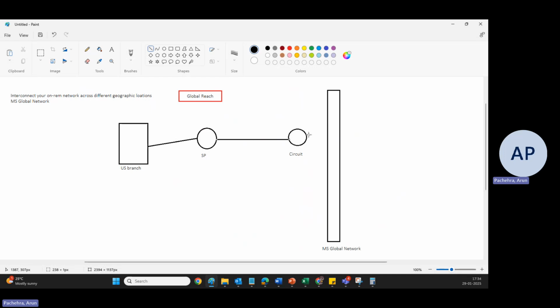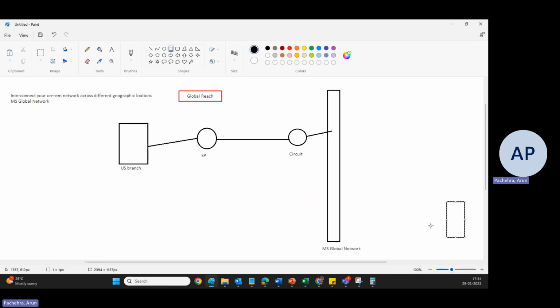Now, with the help of this MS backbone, this traffic is in the MS global network. Now, if your other circuit is in a totally different geography, let's call it Japan, as per our scenario, now it is in Japan.